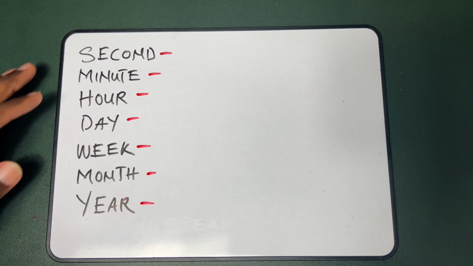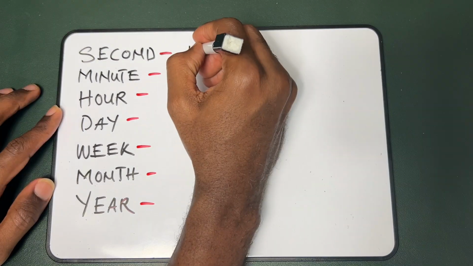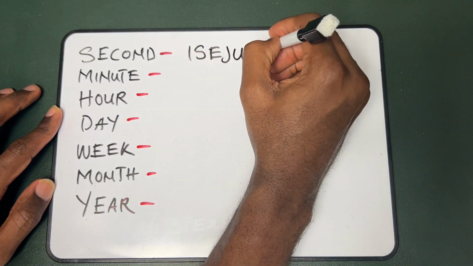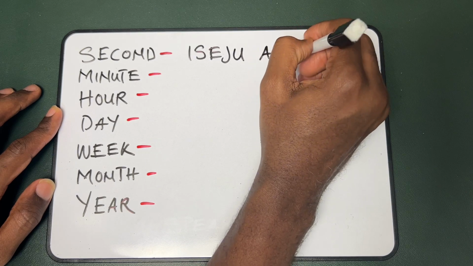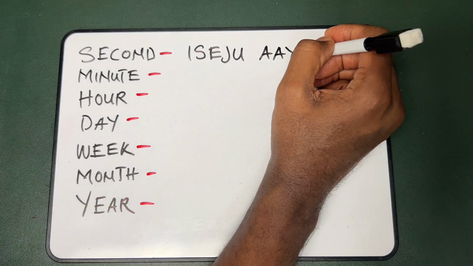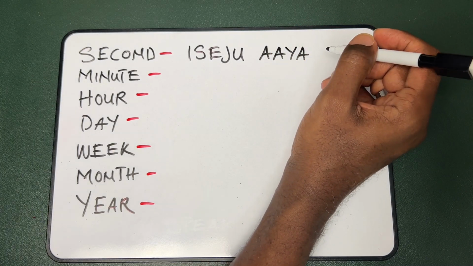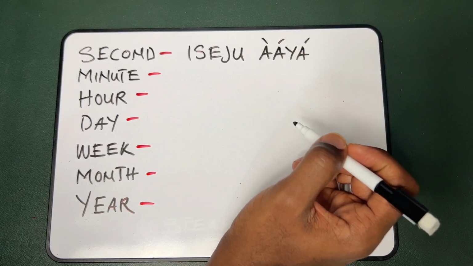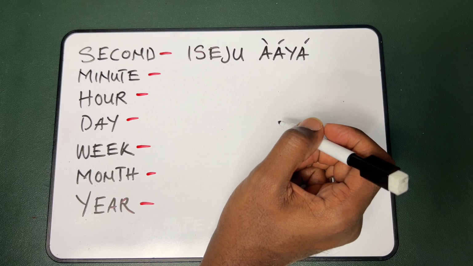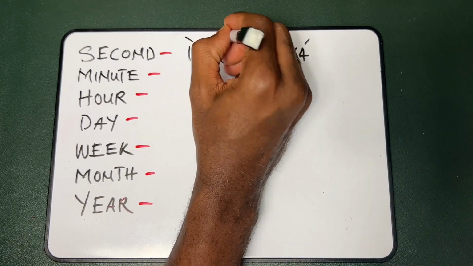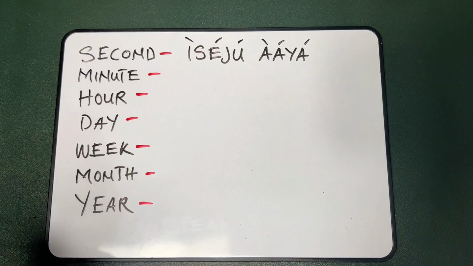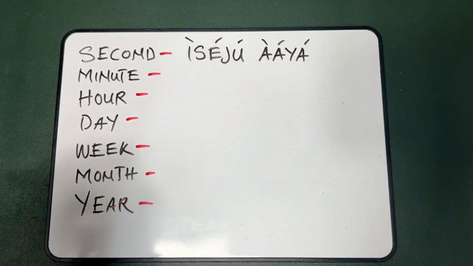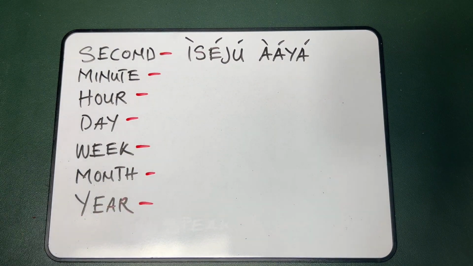So second in Yoruba is ìṣẹ́jú àáyá. This is the hardest part of Yoruba, putting the accent on it, because if I don't put that accent on it, as you've seen from other videos, you will pronounce it a different way.